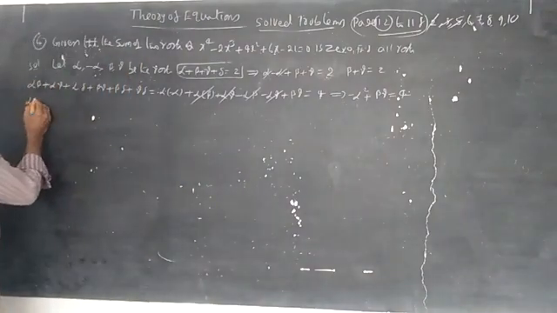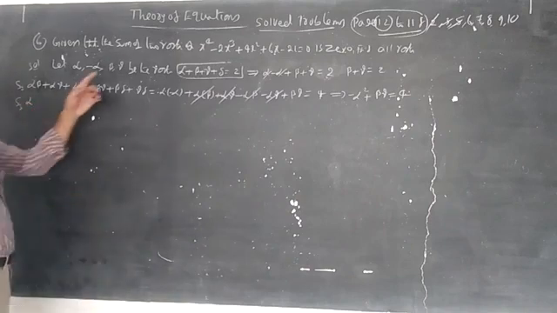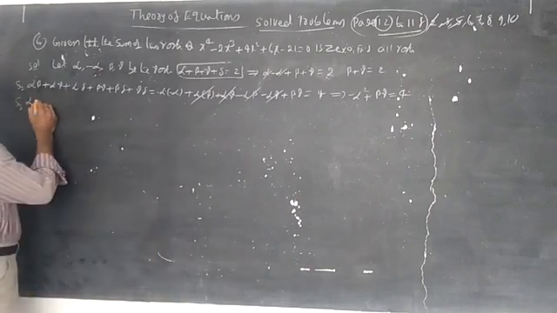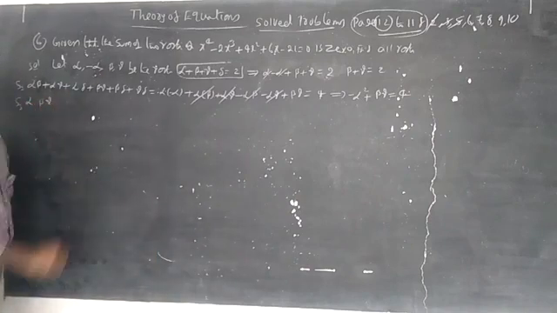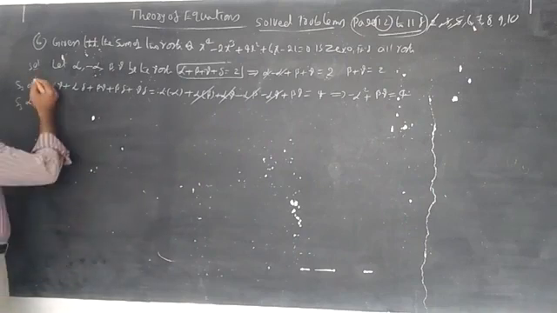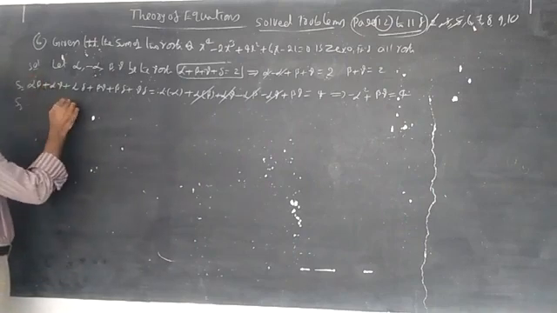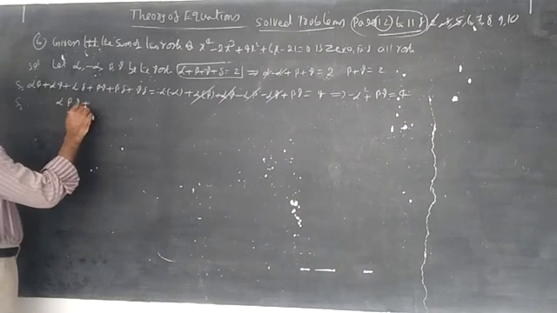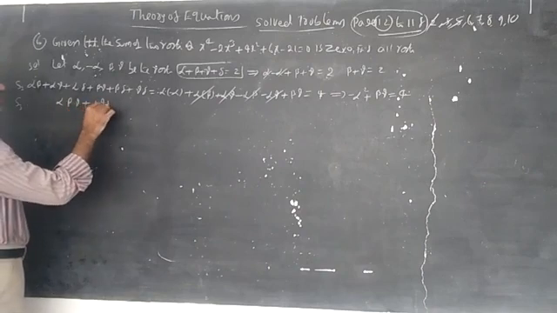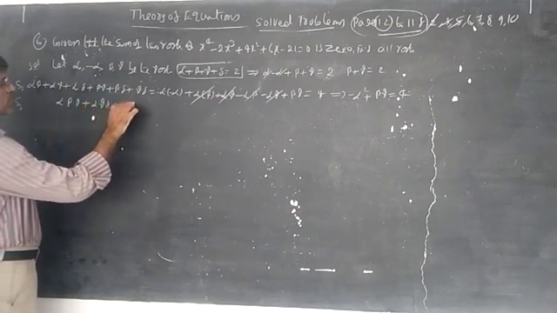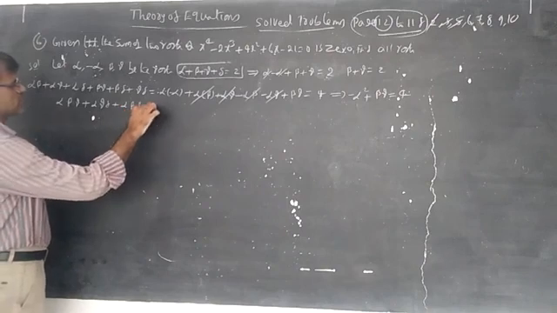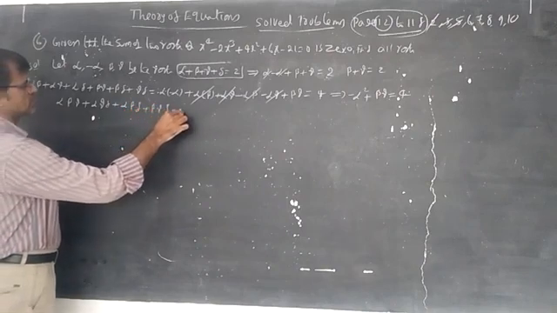Now S3. This is the S2 concept, this is the S3 concept, this is the S1 concept. Alpha beta gamma plus alpha gamma delta plus alpha beta delta plus beta gamma delta, that is S3.